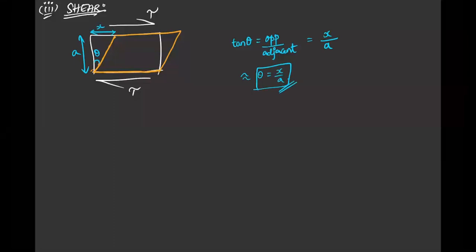Now one more thing you must observe is that shear forces are very important in mechanical metallurgy, because all the atomistic scale problems will be like this. That means you will compare this with two different planes of atoms.